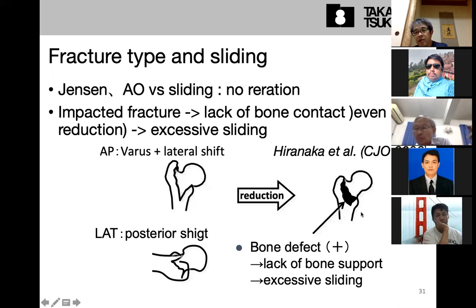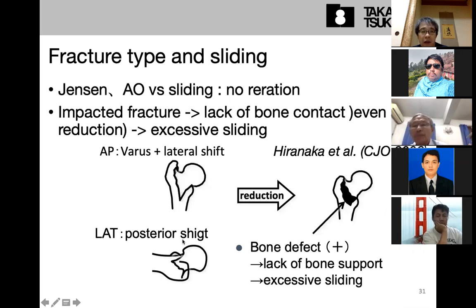Even with secure fixation of the lag screw, and even if the lag screw is inserted in the proper position, due to the lack of bone here it can slide easily to close this bone defect, and eventually excessive oversliding can occur. After that, the bone can rotate and finally cutout can occur.